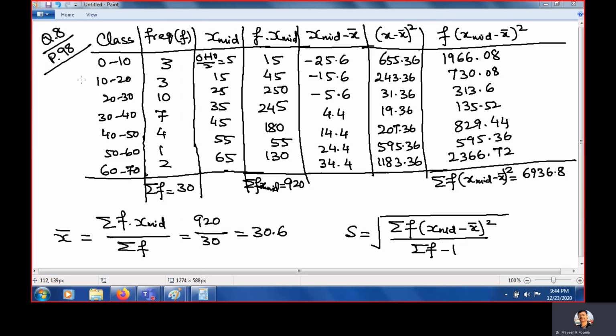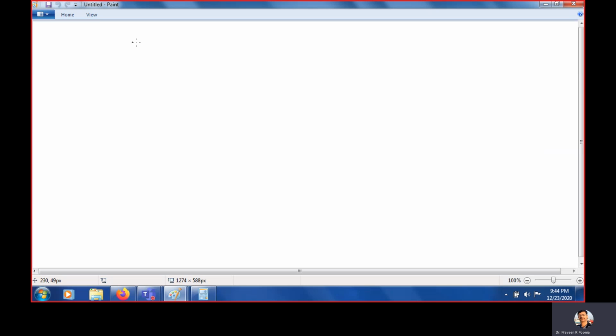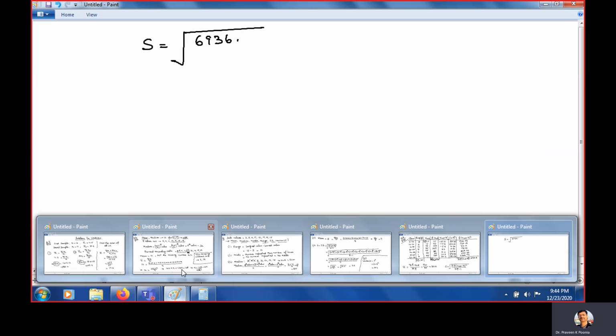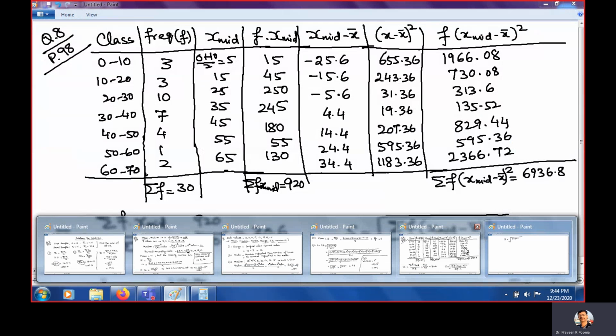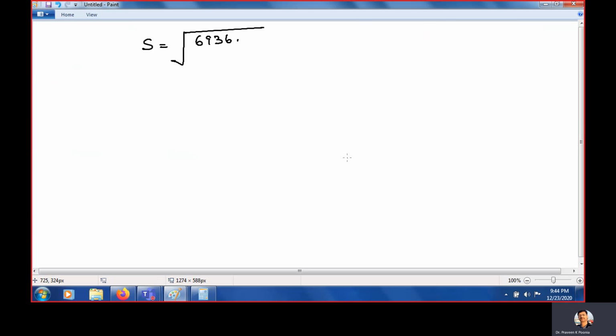So 6936.8. So s, standard deviation, is equal to 6936.8 upon 30 minus 1. It is sigma f, 30 minus 1. So it will be how much?